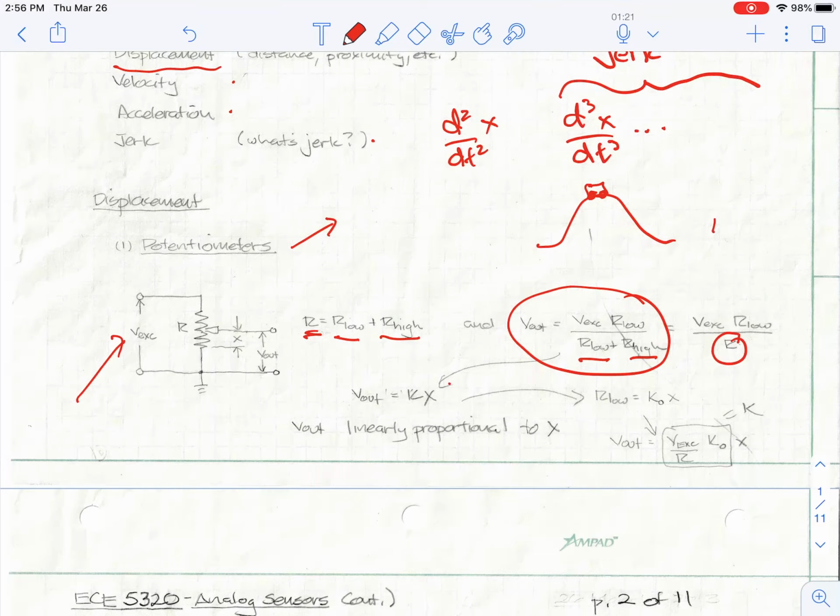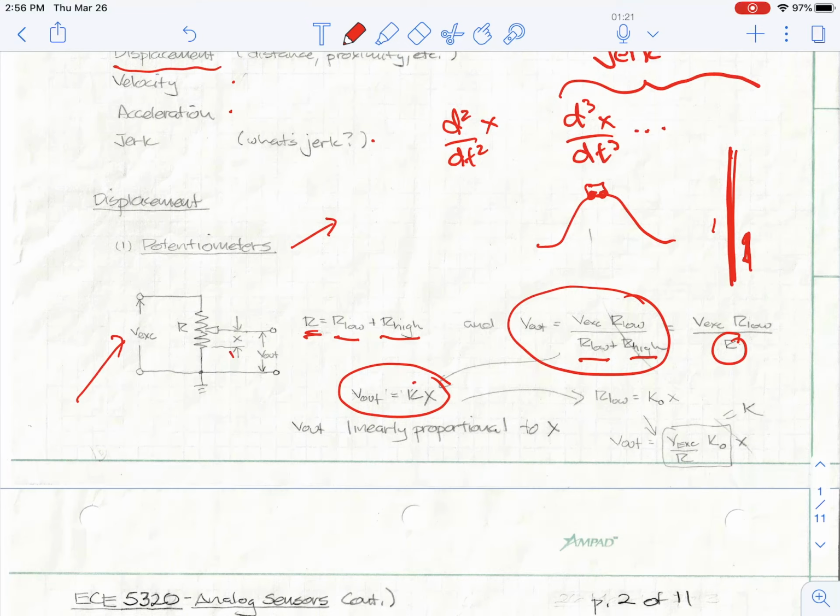I would love to get this into a form that V out is some proportionality constant times X. It turns out that if the potentiometer is linearly wound, as it's called, the position that I'm at will be proportional either to the X linear displacement or to the rotary displacement.